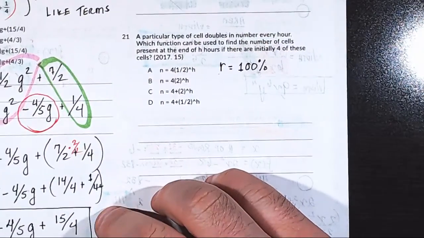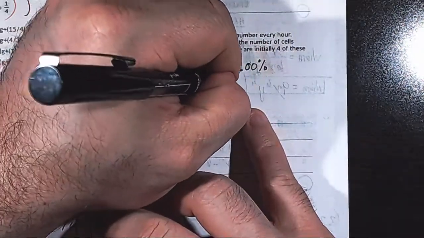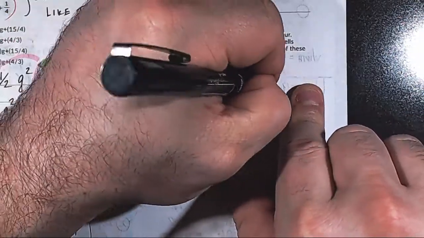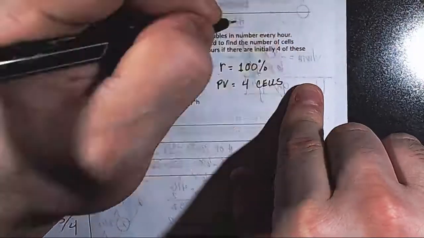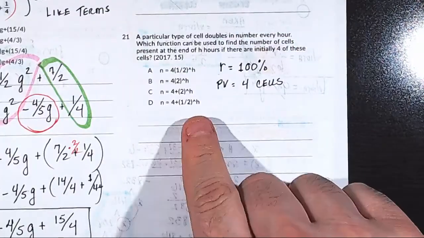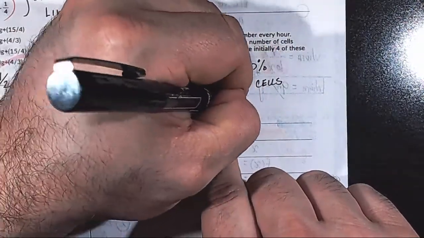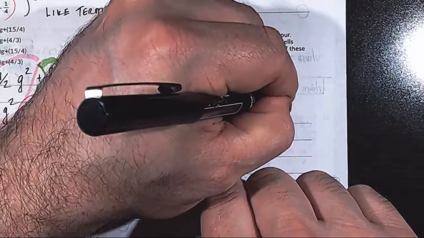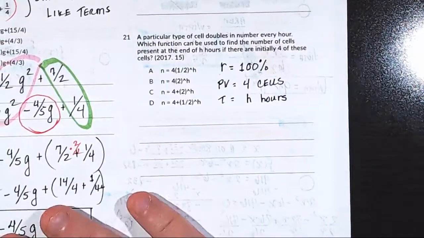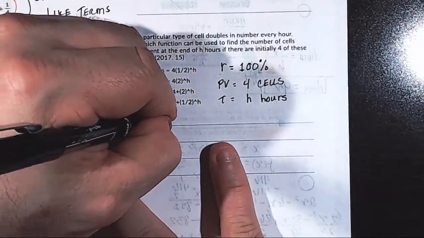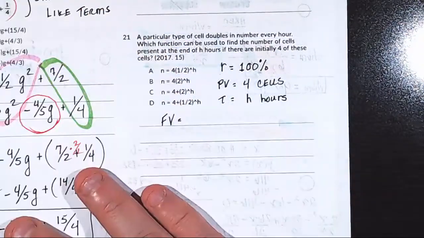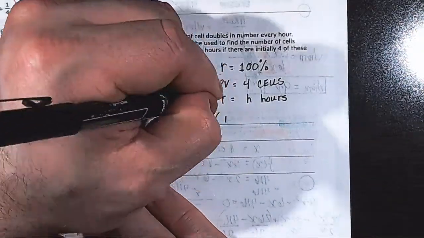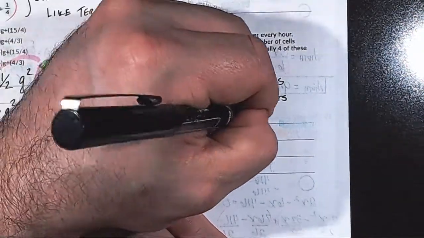Okay, and here's my present value or initial value, 4 cells. And the time, t, is h hours. So what I'm going to do is set up my equation. I've got future value is equal to present value times 1 plus r raised to the t.